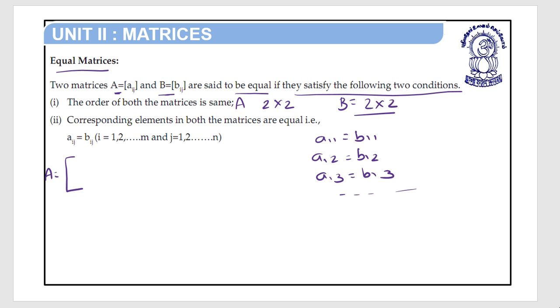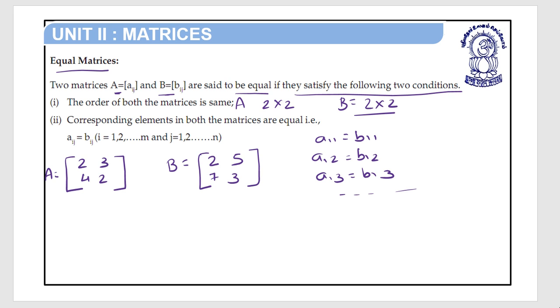Now take one example. Here A is equal to 2 3 4 2, B is equal to 2 5 7 3.